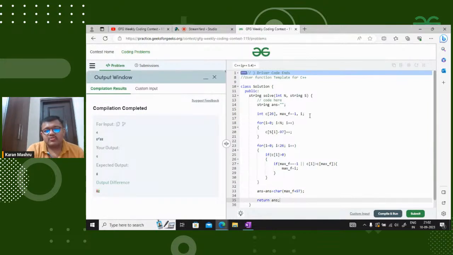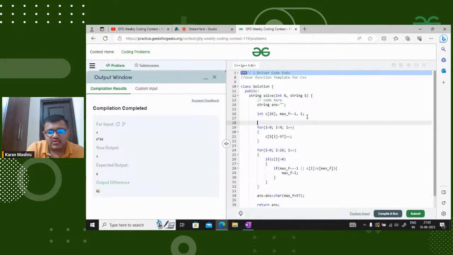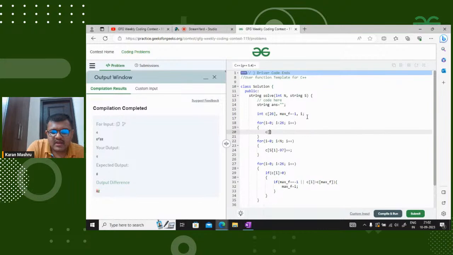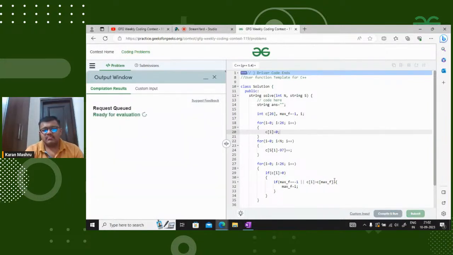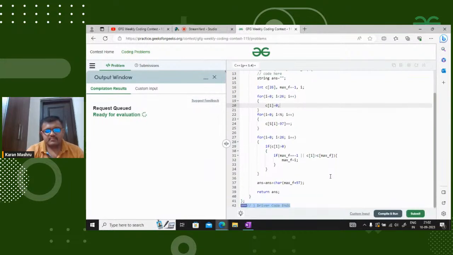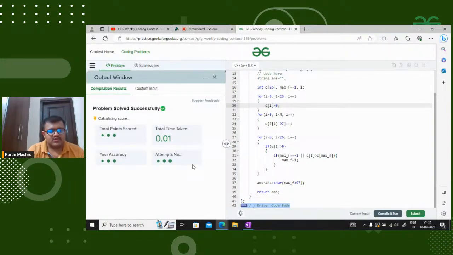So okay, we have not initialized this, so let us initialize it. For i equals to 0, i is less than 26, i plus plus, count of i equals to 0 initially. Right, we got G. Let us submit it. So we have solved this problem successfully. Any doubt in this?